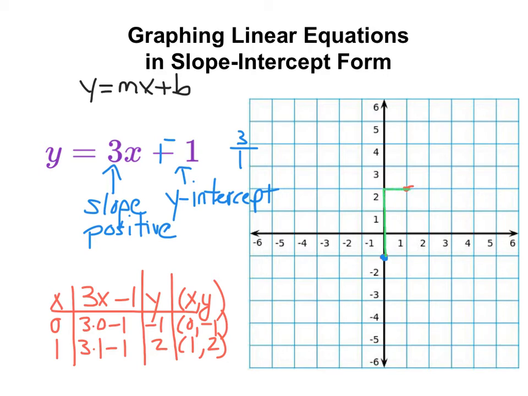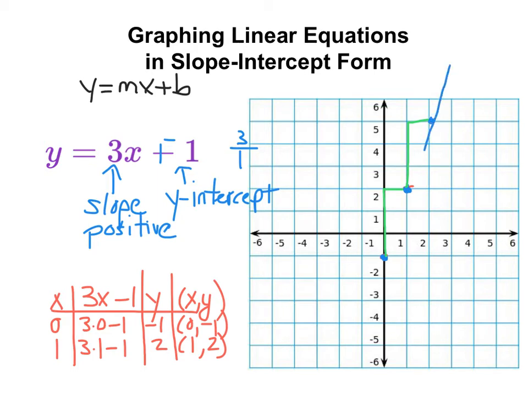Because this is a positive slope, I know that my line is going to be rising from left to right, so I should see something going this way. Let's put a point there. Now I'm going to rise another 1, 2, 3, and run 1, and put another point right there.